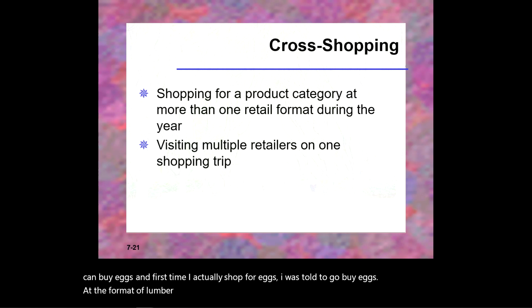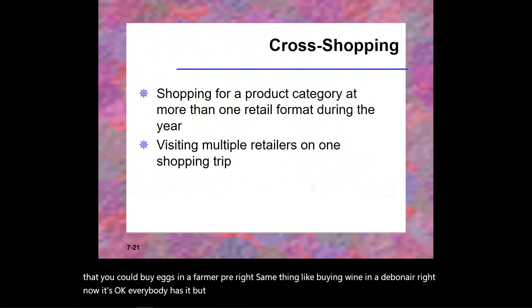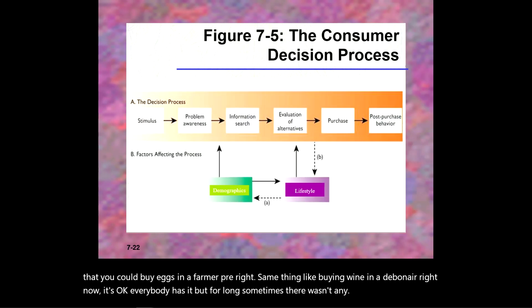I just was laughing because it was a few years ago, and I had no idea you could buy eggs in a pharmacy. It's the same thing as buying wine in a dépanneur. Right now, everybody has it, but for the longest time there wasn't any. So that has changed too.